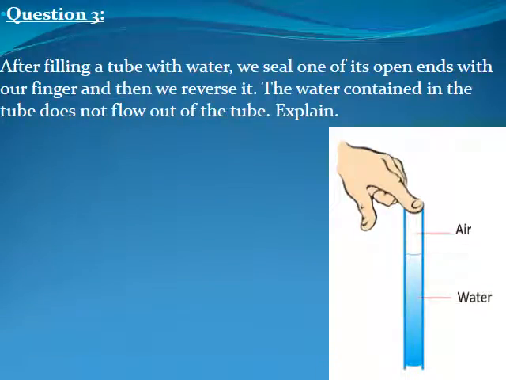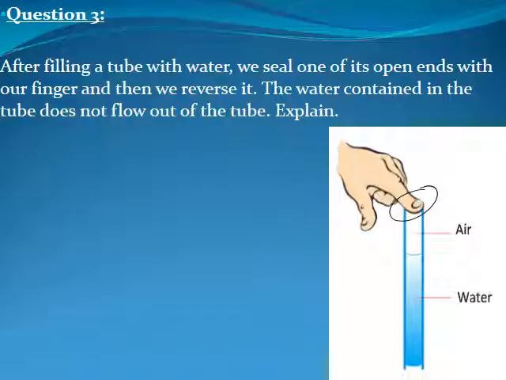Question number 3. After filling a tube with water, we seal one of its open ends with our finger and we reverse it. The water contained in the tube doesn't flow out of the tube. Explain. Yes, Linda.